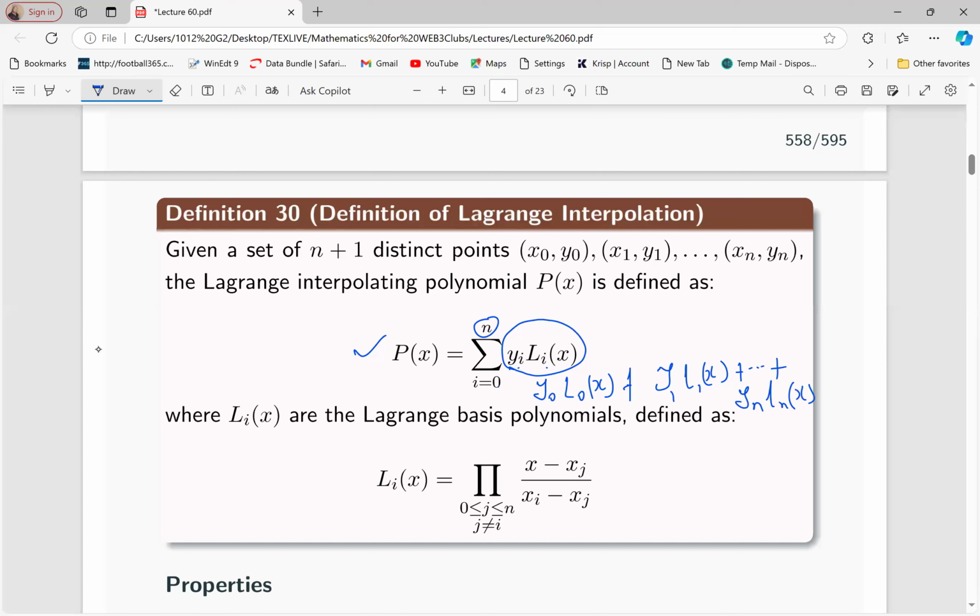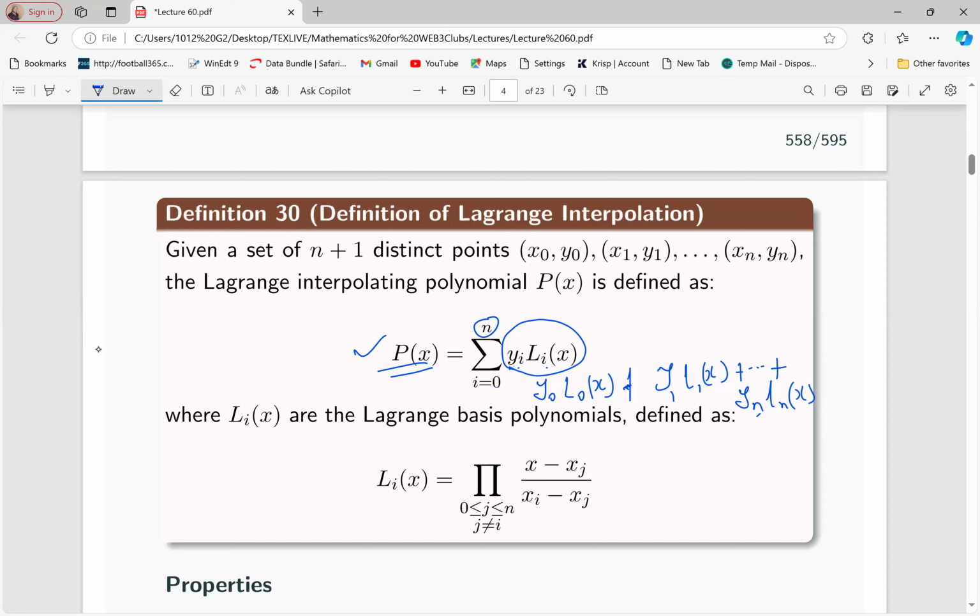That is what this formula is saying: the polynomial is arrived at this way, l_0(x) multiplied by y_0, plus l_1(x) multiplied by y_1, all the way up.